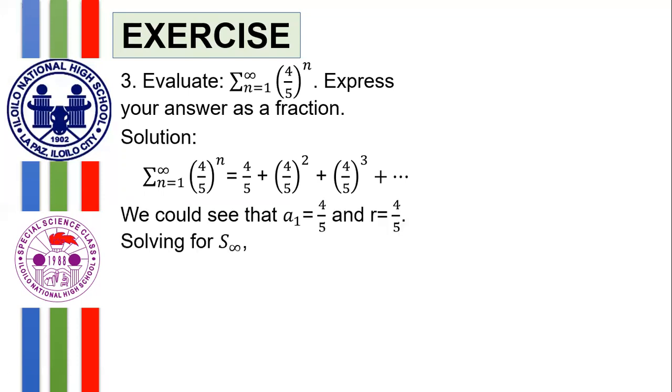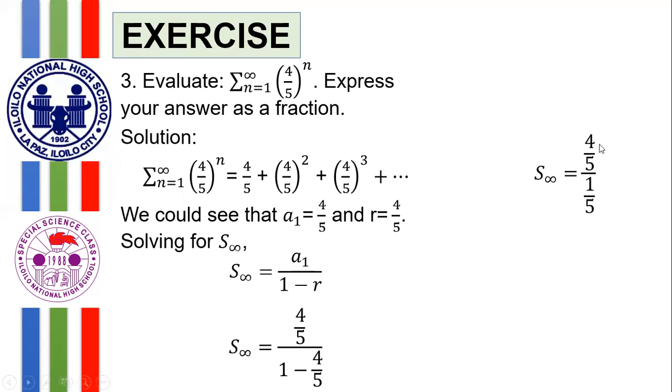You could see that the first term here is 4/5. The common ratio is also 4/5. Solving for S sub infinity, we have S sub infinity equals a sub 1 all over 1 minus r. That would be 4/5 divided by 1 minus 4/5. 1 minus 4/5 simplifies to 1/5.